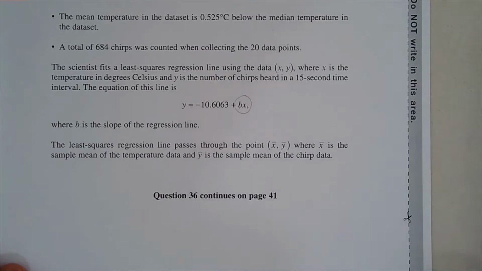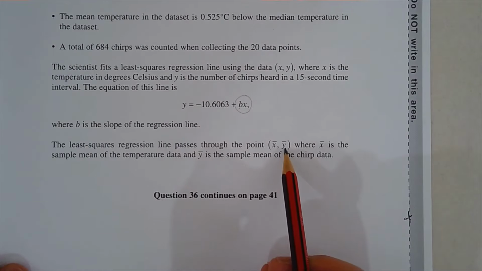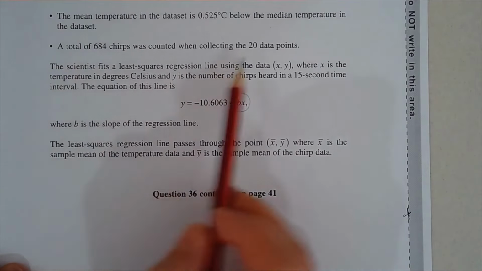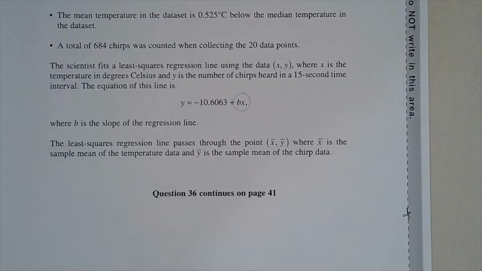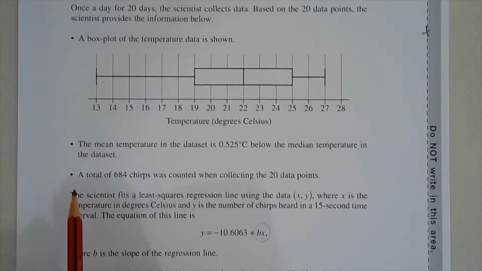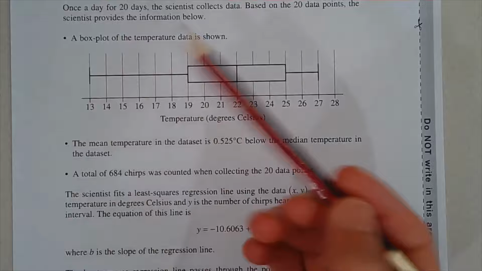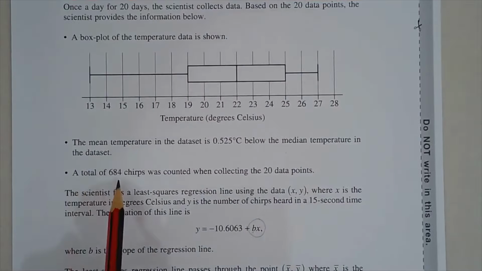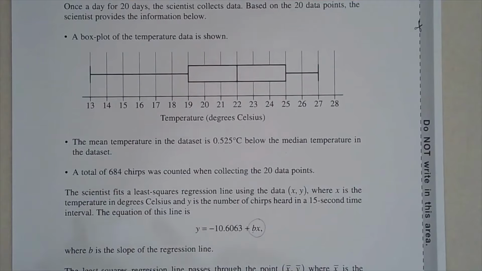Now the next thing we need to work out is y bar. That's the average of the chirps, or the sample mean of the chirp data, in a 15-second interval. The third point will give us y bar. We have 684 chirps counted when collecting the 20 data points.